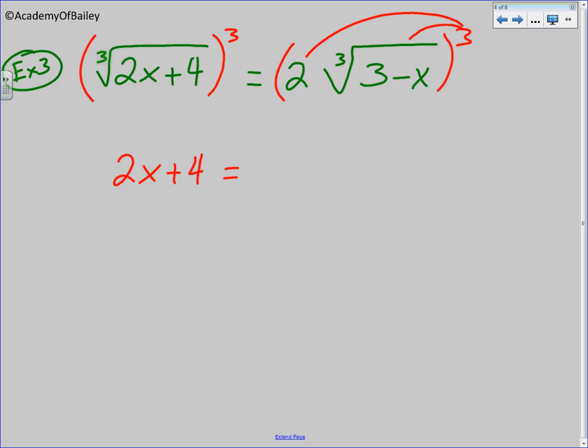So 2 cubed is 8, and then cube root and cubed cancel each other out. So we have 8, and then 3 minus x. Since this is multiplication here, this is multiplication also.